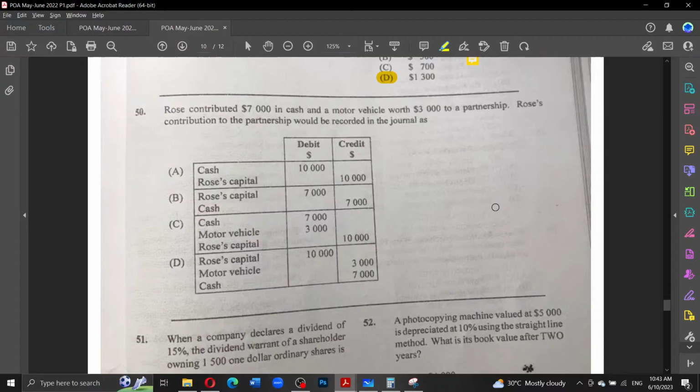So capital will be credited at 10,000, and these two assets are going in the business, which means assets are increasing, therefore you debit them. Debit the asset. So we have here cash and motor vehicle debited and Rose capital credited. Okay, so the answer is C.